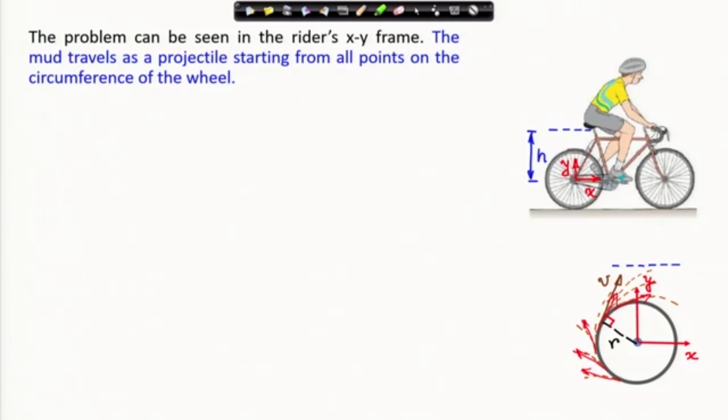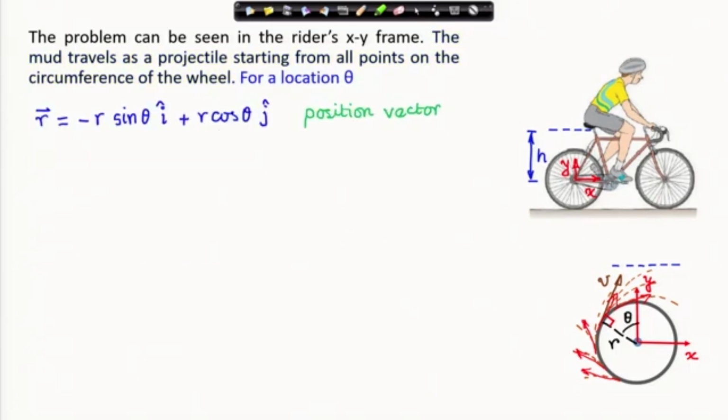Okay. The mud travels as a projectile starting from all points on the circumference of the wheel. This is an observation. Now, let us consider a mud particle that leaves from a location whose angle is theta.